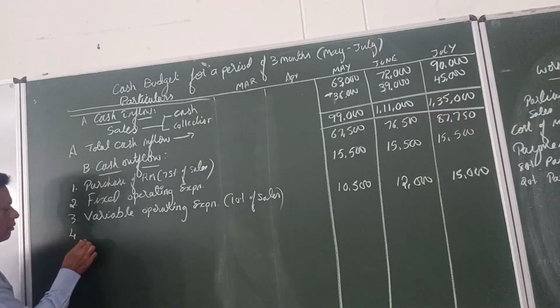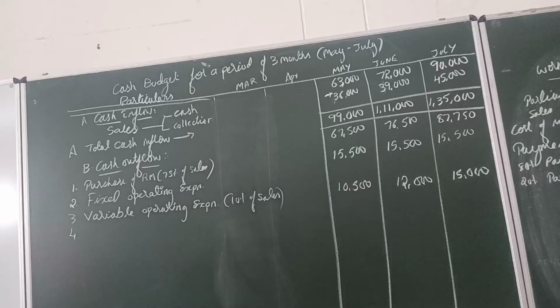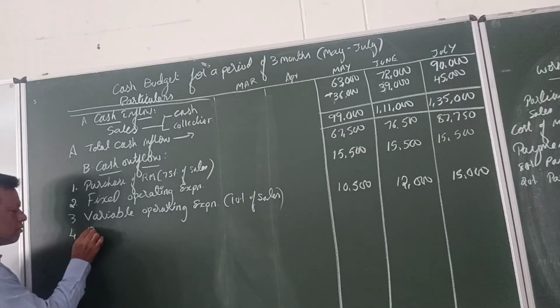Operating interest on 12% of 4,50,000 remains. Okay. So what is that? Interest we are paying. Half year, you know? In the month of July, we are paying half year interest on rupees 4,50,000. What is the rate of interest? 12%.